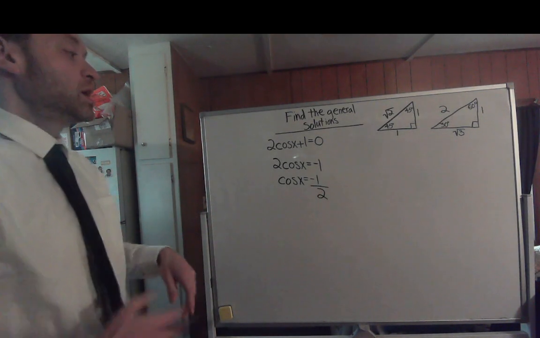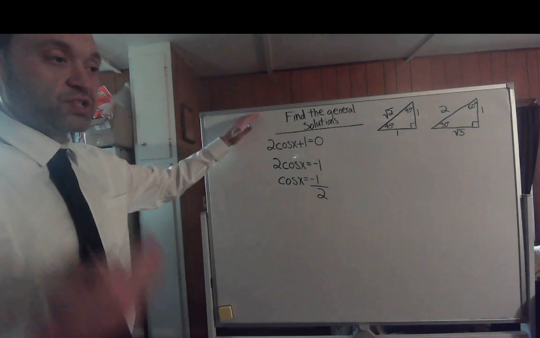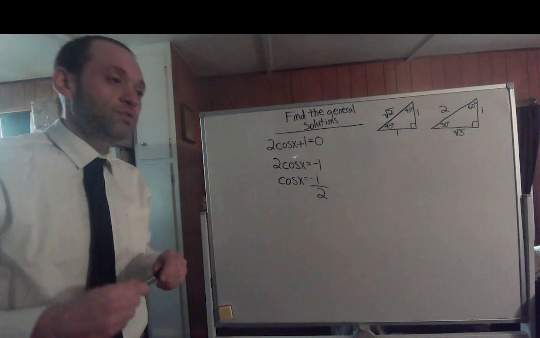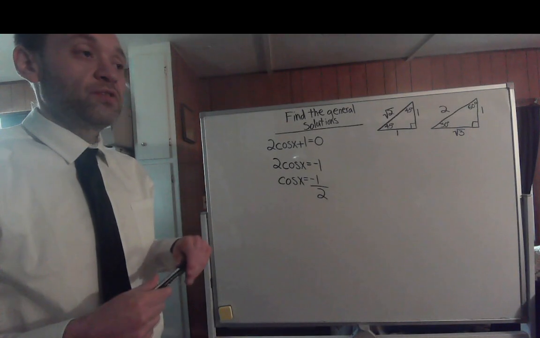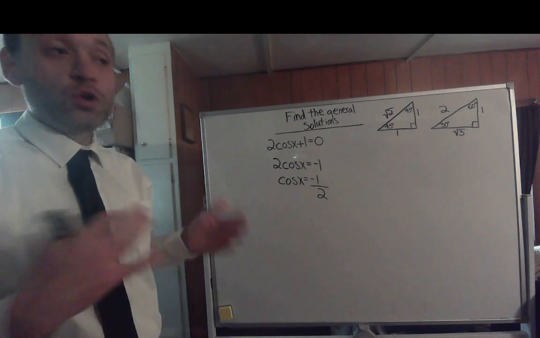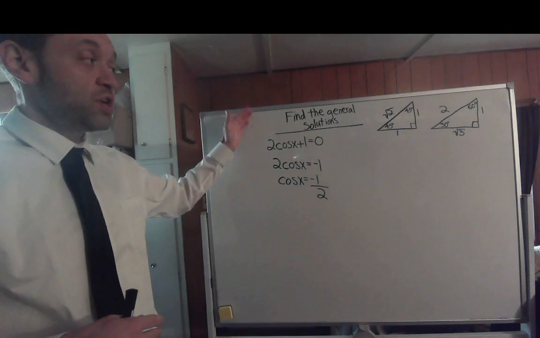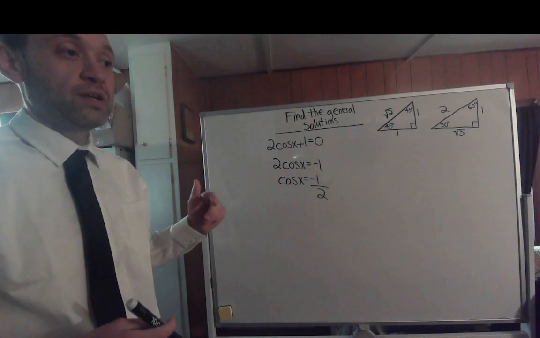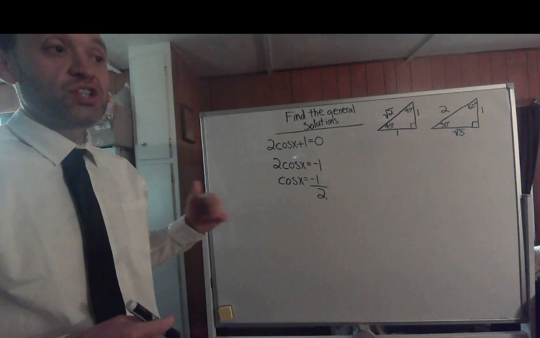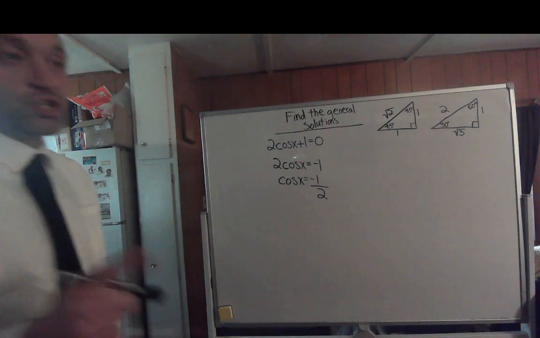Now, when you're trying to find the general solution, because you may be asked to find solutions in the interval from 0 to 2 pi, or you may be asked to find the general solution. To find the general solution, you're still going to start out solving from 0 to 2 pi, but there's something else we do at the end.